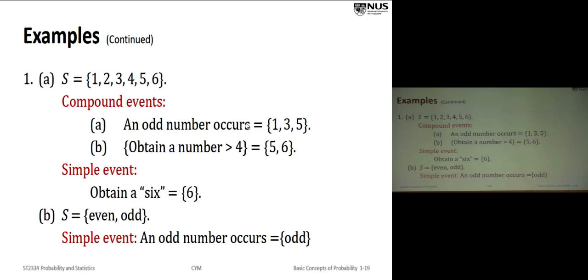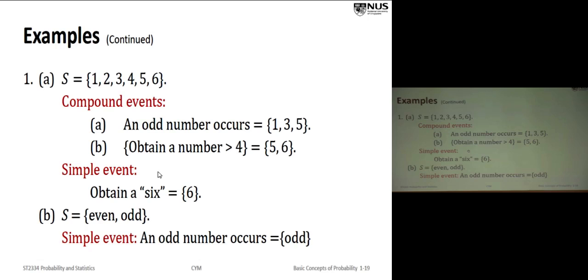The event could be 1, 3, or 5. That's the set {1, 3, 5}. It has at least two elements, so it's a compound event. Similarly, if I consider the event that we obtain a number bigger than 4, that's the set {5, 6}. That has two elements, so it's a compound event. A simple event is, for example, I roll a 6, or I roll a 1, or I roll a 2, and so on.